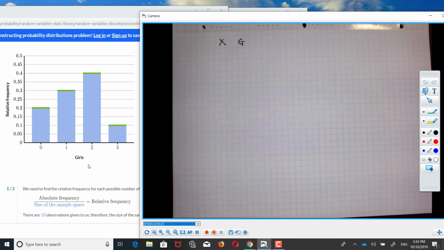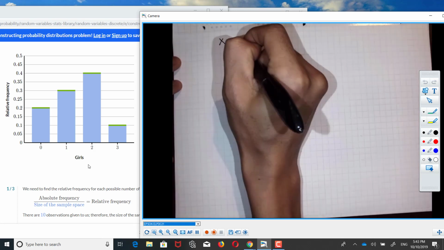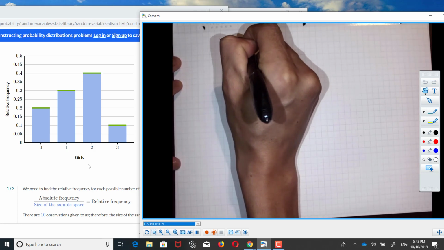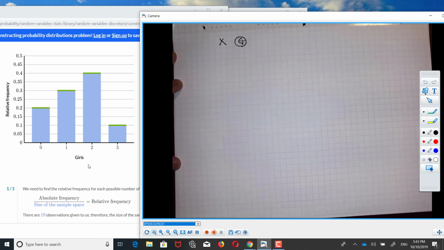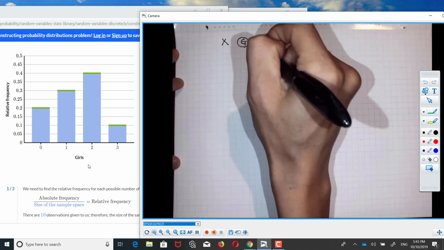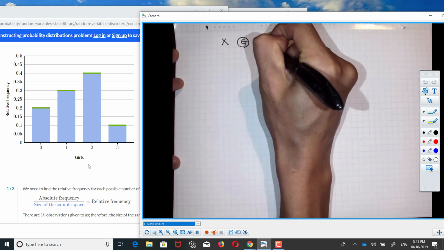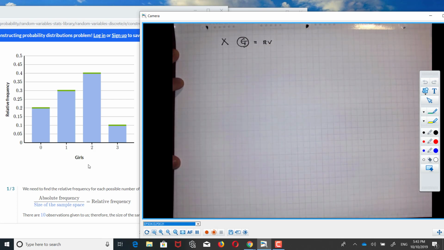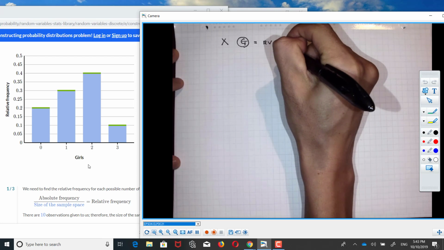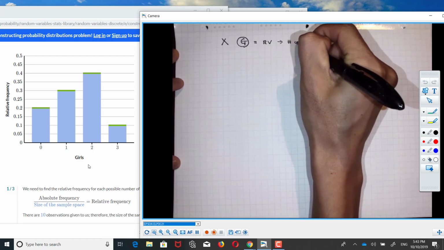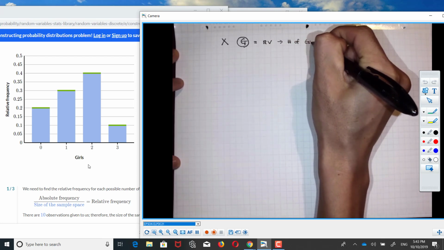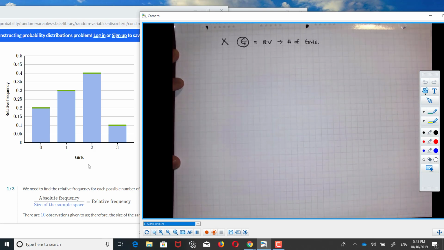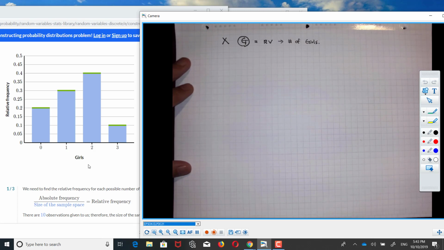In this case, I'll choose G because G is more meaningful than X. So G is basically the random variable, RV, that represents the number of girls in the first three people who enter her shop.